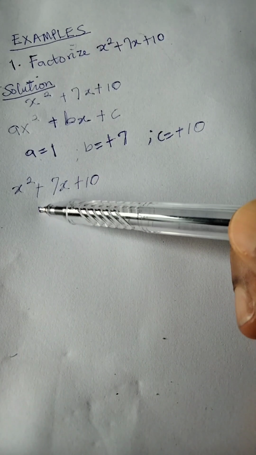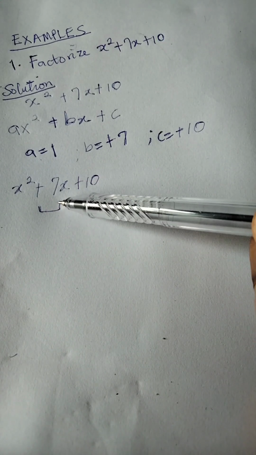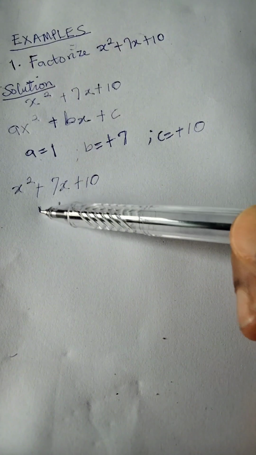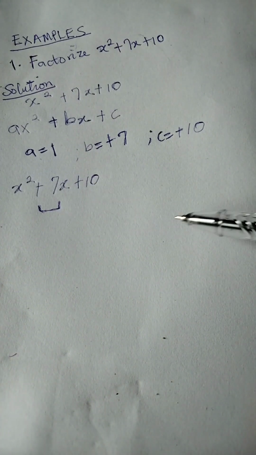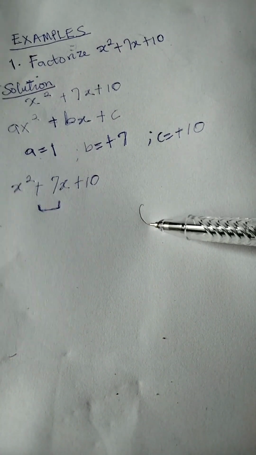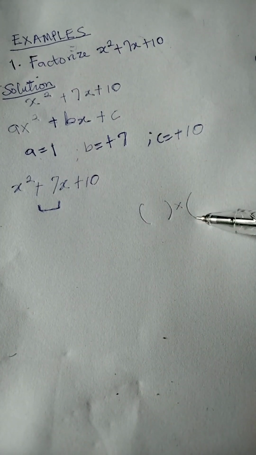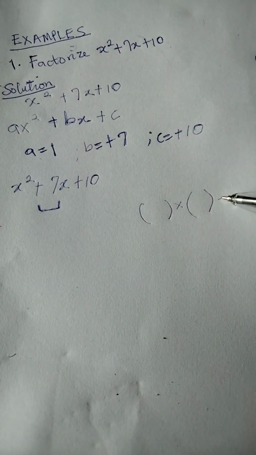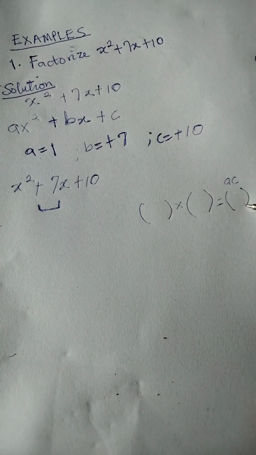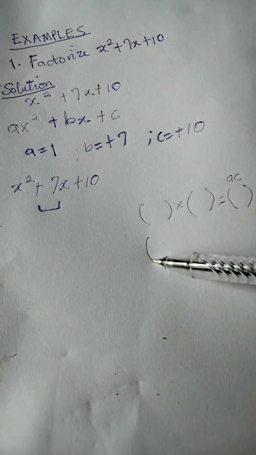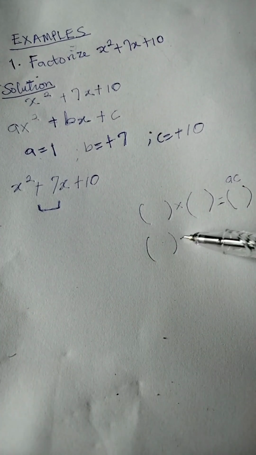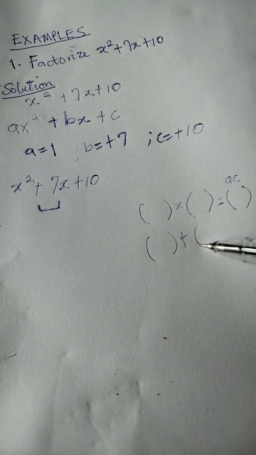We want to find two numbers that we can use to replace what we have as b here. Those two numbers are such that when we multiply them, we should have the product of a and c, and likewise, when we add them, we should have b.